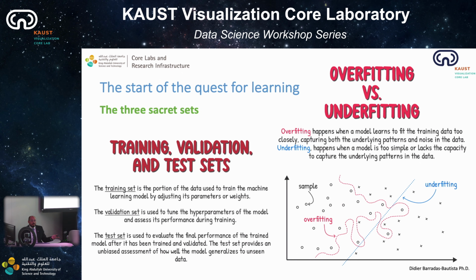Or you can go in the opposite direction, where you are really good at dividing the two groups, and then when a new data point comes with a different shape, it just fails because it cannot adjust what it has learned from your training data. So that's overfitting and underfitting.